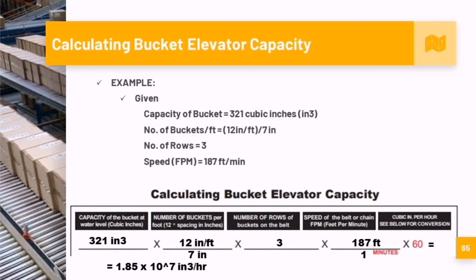So first is 321 cubic inches times 12 inches per foot over 7 inches, times 3, times 187 feet per minute, times 60 minutes per hour. So the answer would be 1.85 times 10 to the power of 7 cubic inches per hour.